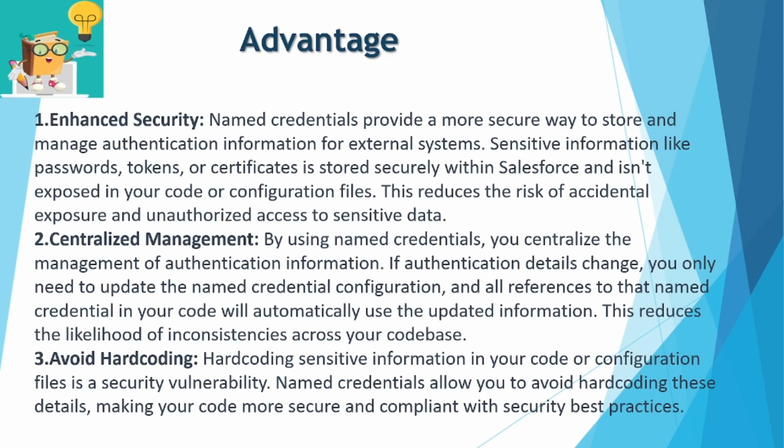Name credentials are not only providing the OAuth way of connecting, but can also work with JWT and other certificates and authentication processes. That's where name credential has a higher level of security based on your need. You can select what type of security you want to apply on your callouts.